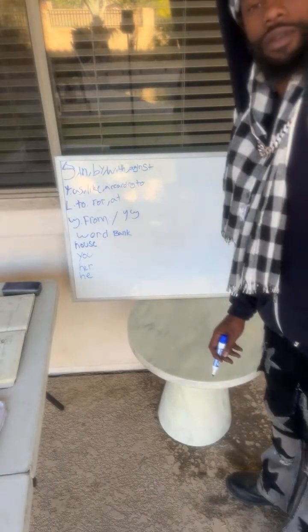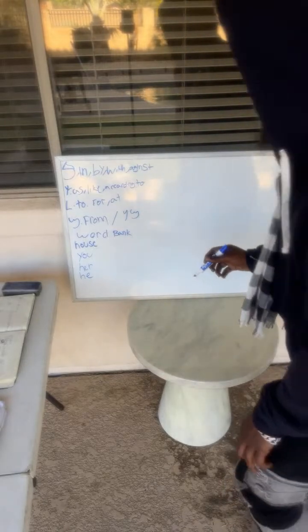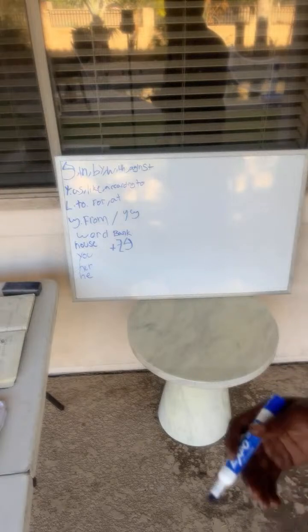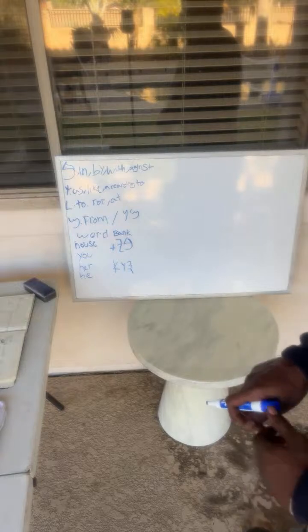So I go to the word bank, and the word for house is bayit. I also want to use the word he, hu.